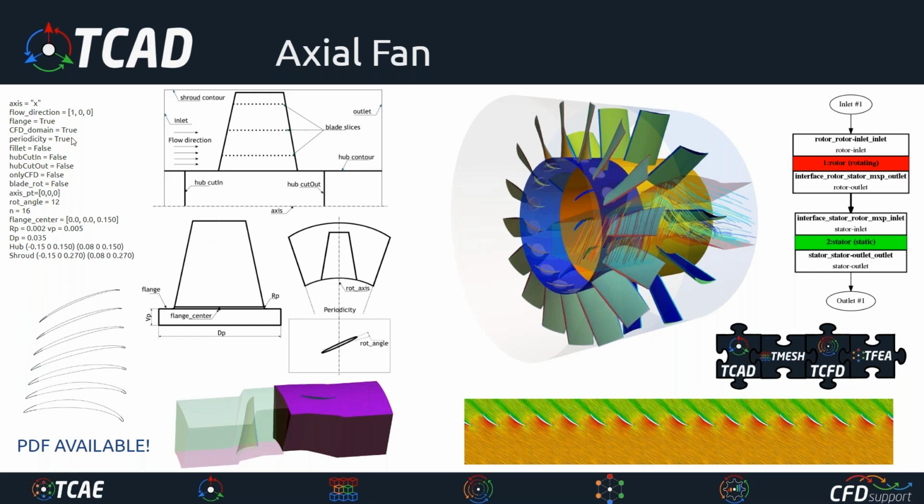So just from parameters and, let's say, from the blade slices, a new geometry can be created, and the rest is done by our typical modules, which is T-Mesh. So T-Mesh creates the simulation mesh both for CFD and FEA.